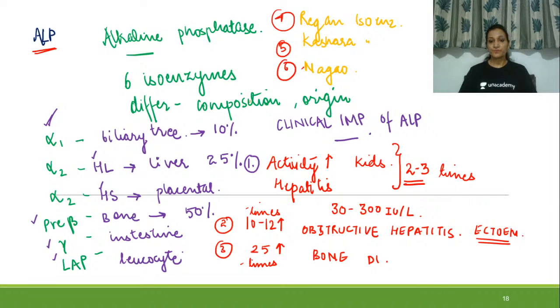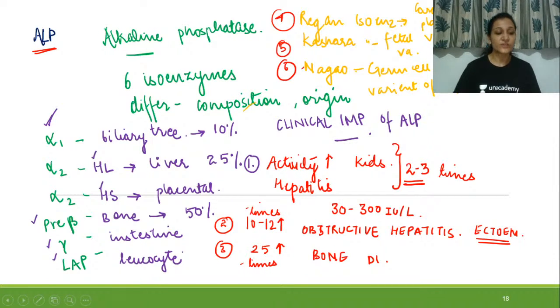This Nagao is in germ cells, the germ cell variant of ALP. And Kashara is the fetal variant. And Regan isozyme is the carcinoplacental variant.